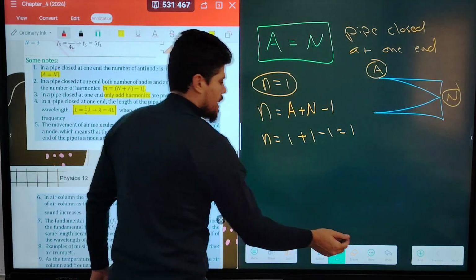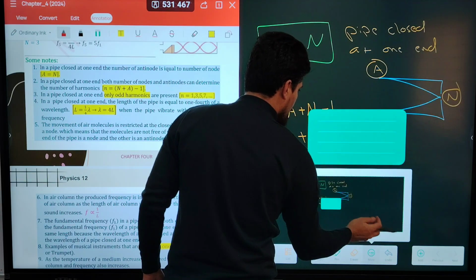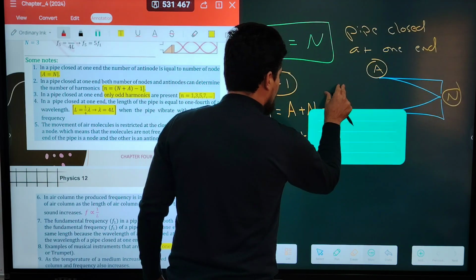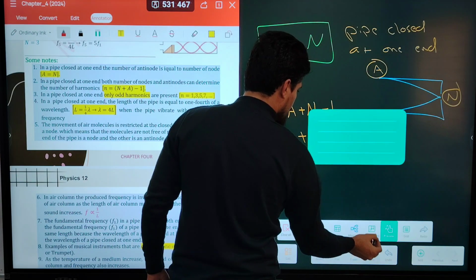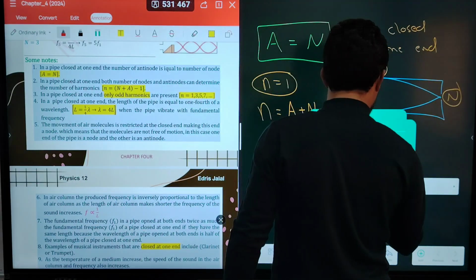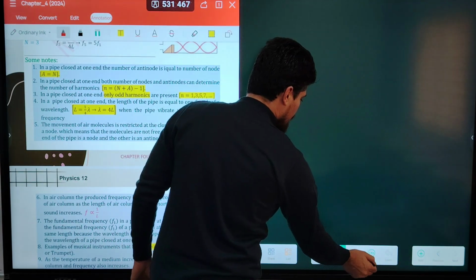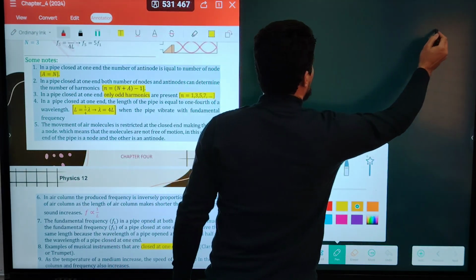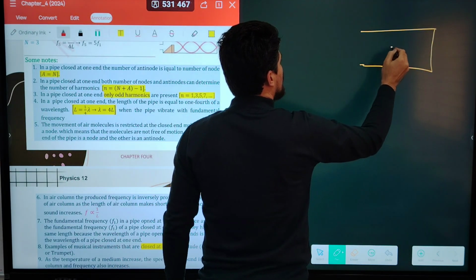Okay? Now for the next harmonic, guys, look. We have 2 antinodes and 2 nodes.